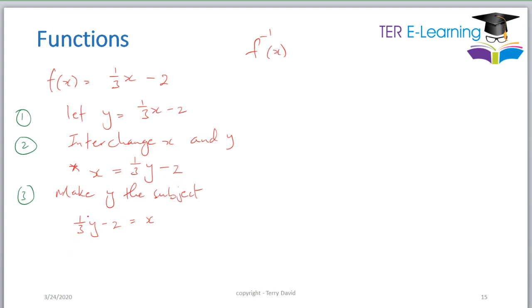Now, you want to make y the subject of the formula. Again, what we could do is multiply the entire equation by 3. And this becomes y minus 6 is equal to 3x. So therefore y is equal to 3x plus 6, right? My last step is to write what the inverse is. So the inverse function is simply equal to 3x plus 6.